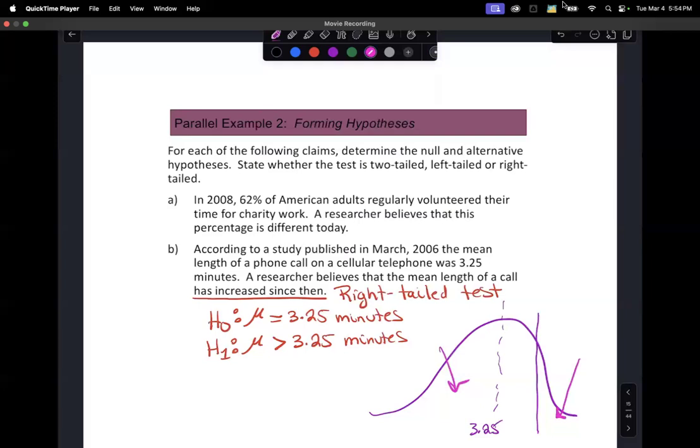So this right here would say our H1 is true, and in here, our H0 is true. Now, these aren't the words we're going to use, but I'm just trying to give you an idea of what we're doing here. If I'm off to the right, outside that confidence interval, then I would have evidence to support that alternative hypothesis.